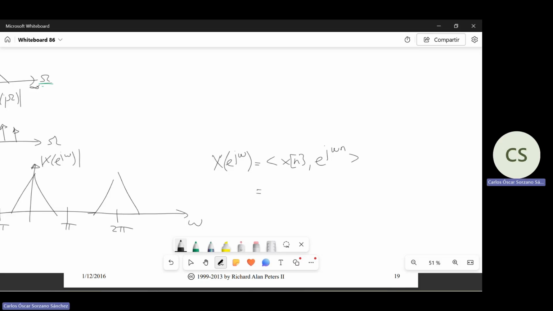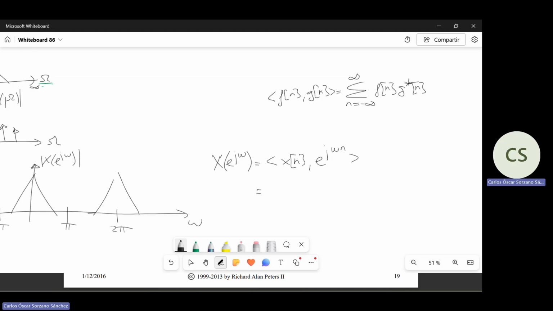Okay, so the inner product is defined for two discrete signals in this way. Now, because they are discrete, it is not an integral, it is a summation, and then the rest is all the time the same.